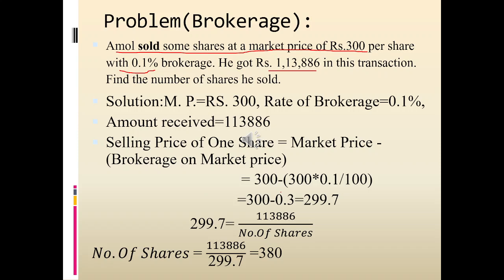Now here the selling price of one share is 300 minus 300 into 0.1 divided by 100. From this we get the selling price of one share, and the same formula here also we can use. The selling price of one share is nothing but total amount received divided by number of shares. So from this also we get the number of shares. This is equal to 380.